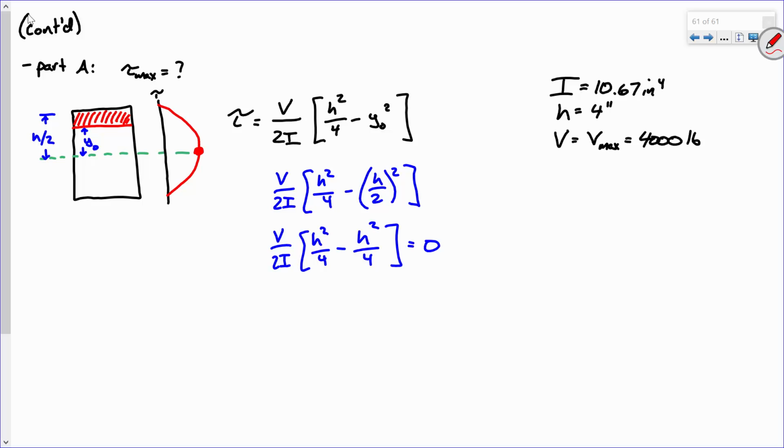There's your worst case shear stress, right there. And since y naught is measured from the centroid, tau max occurs at y naught equals 0. In other words, the middle of the beam.